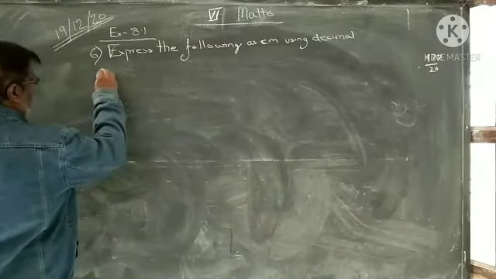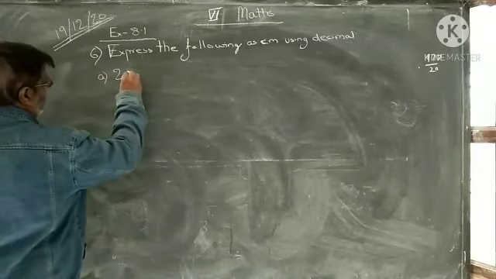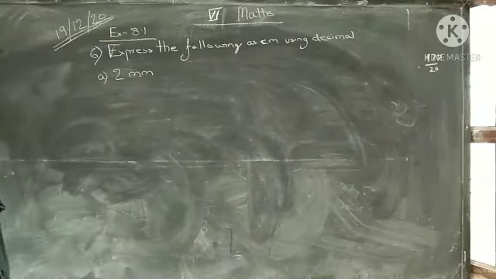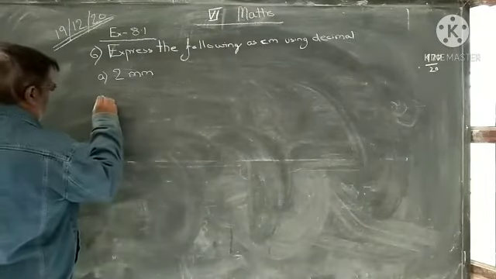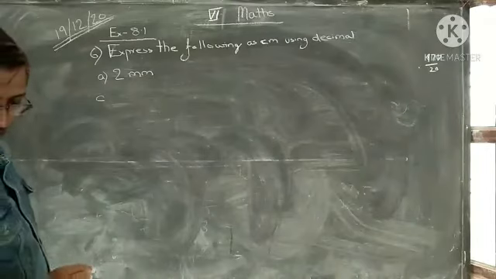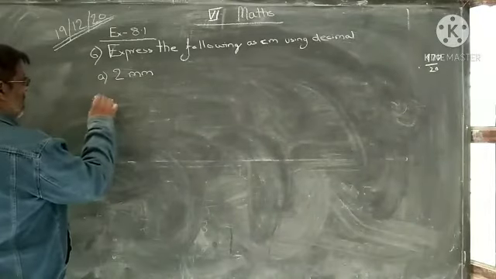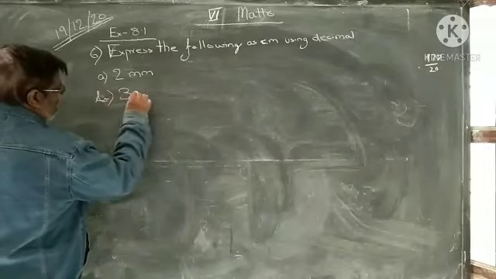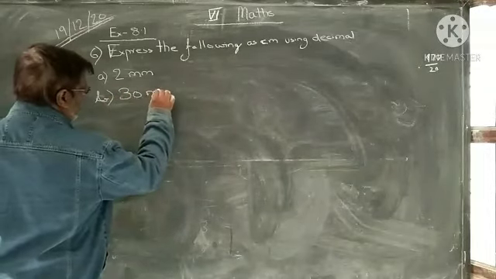Number A is 2 millimeter. Then B says 30 millimeter.